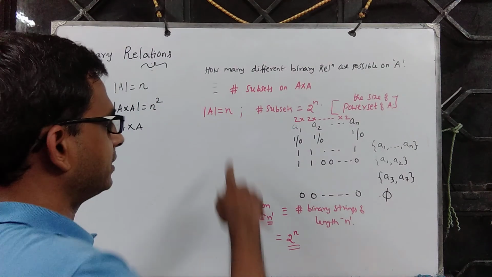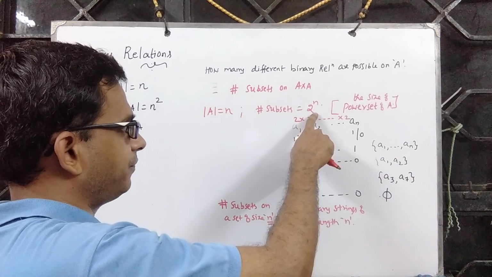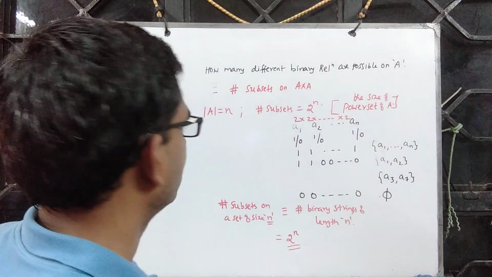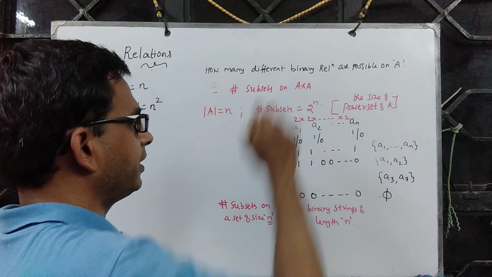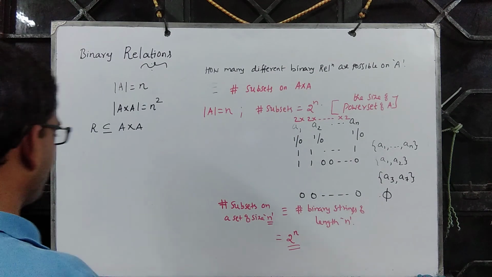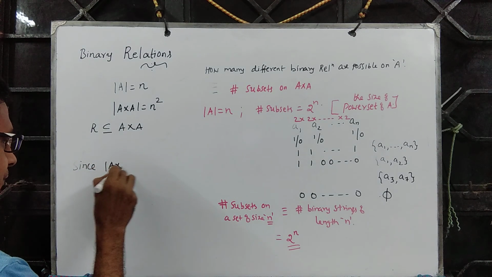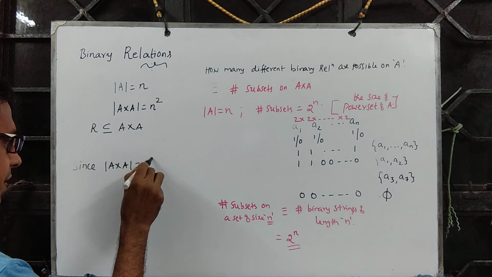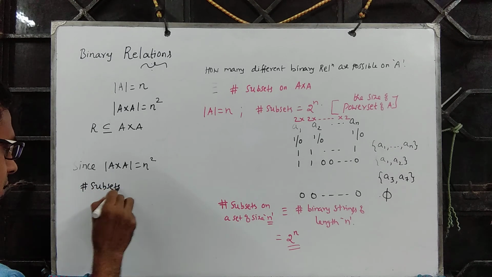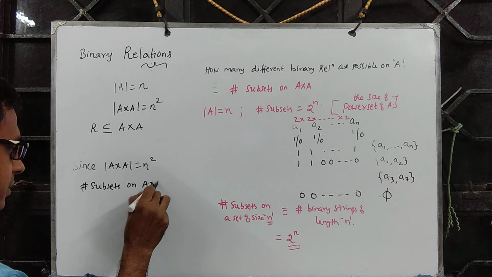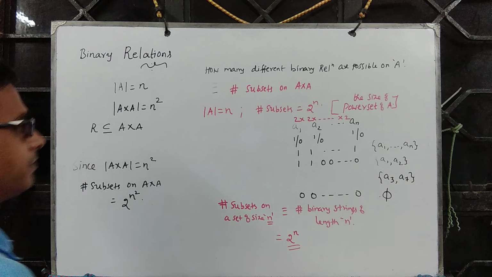Put in other words, if the size of the set is n, then the number of subsets is 2 power n. What is it that we want? The number of subsets on A cross A. Since the cardinality of A cross A is n square, the number of subsets on A cross A is 2 power n square.